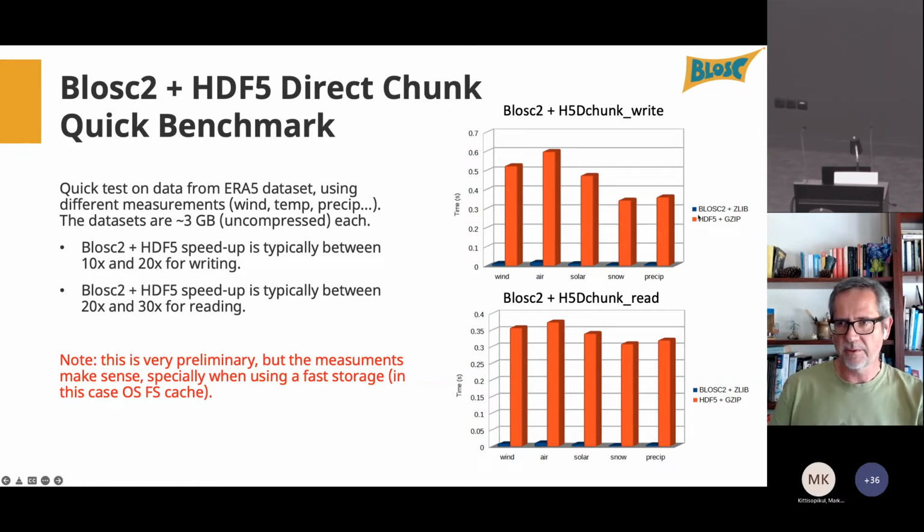And we can see that when we use Blosc2 plus HDF5 direct chunk, we can get between 10x and 20x faster speeds for writing, and 20 to 30 times faster for reading. Okay, this is very preliminary because we finished the benchmarks early this morning. But I think the measurements make sense, and I think they agree with what the HDF5 group also tested for the direct chunk writes, at least.